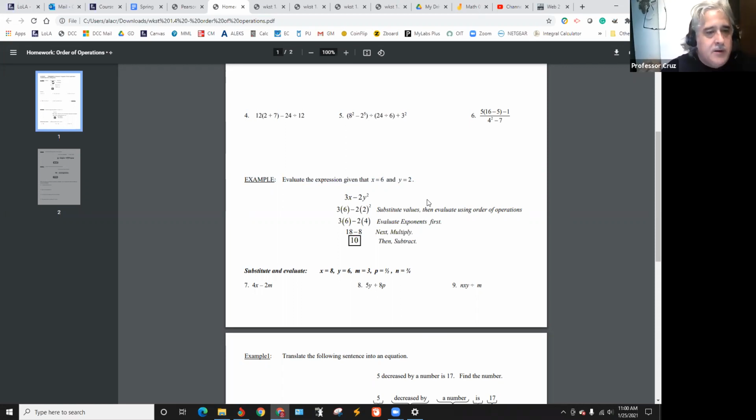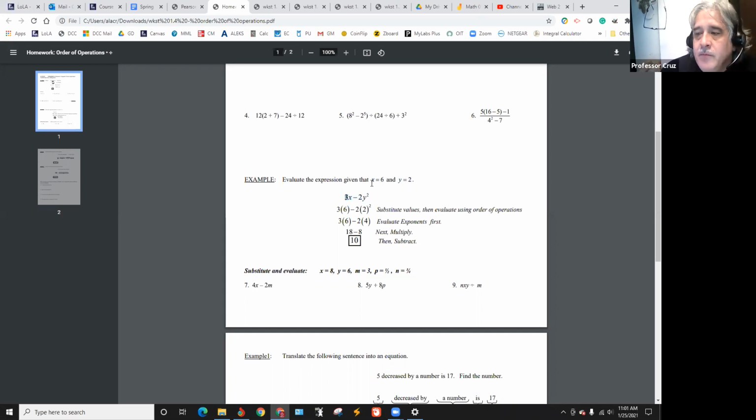A variable is just a placeholder, and so we can let it be changed out for any value given that information, and we're given that information. X is equal to 6, y is equal to 2. So if we take 3x minus 2y squared and fill in x is equal to 6, it looks like this, because when you have 3x, that just means 3 times x.